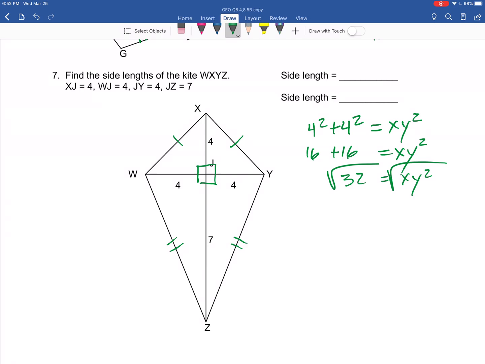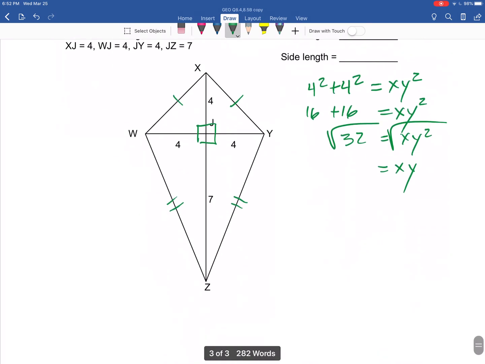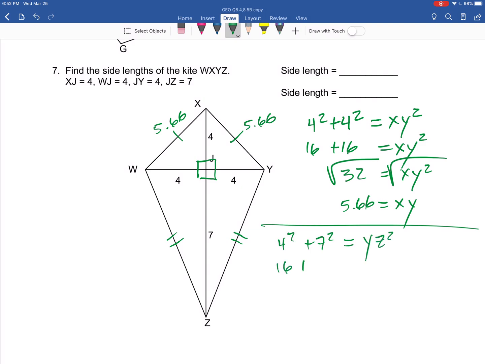Root it. Here we go. XY equals 5.66. 5.66 here, 5.66 here. Okay. How about for the bottom one here? 4 squared plus 7 squared equals YZ squared. We got 16, we got 49, equals YZ squared.